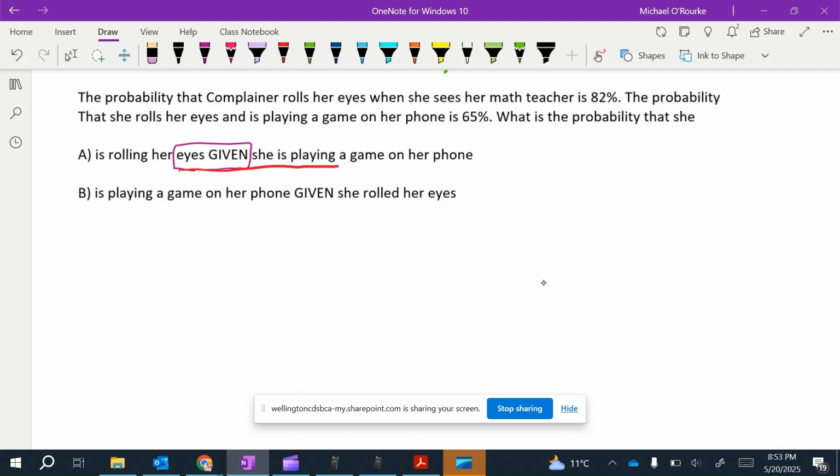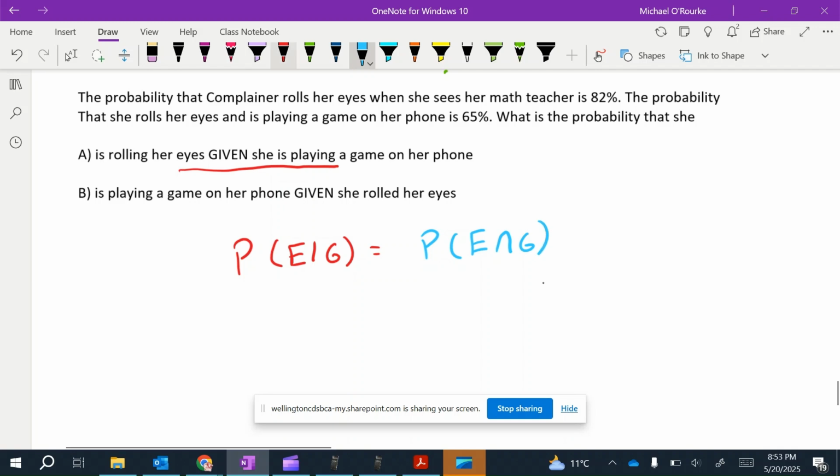So looking here, probability that she rolls her eyes given she's playing a game on her phone would equal the probability of her rolling her eyes and is playing a game, divided by the probability she's playing a game on her phone.